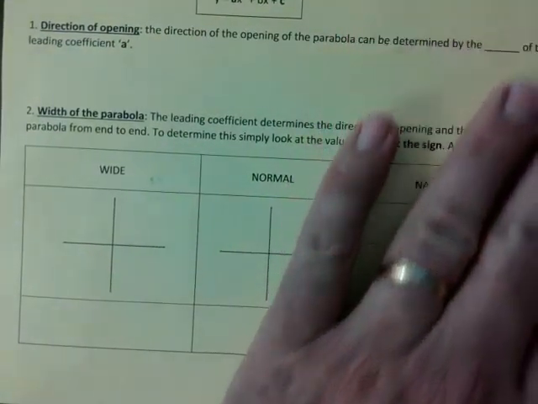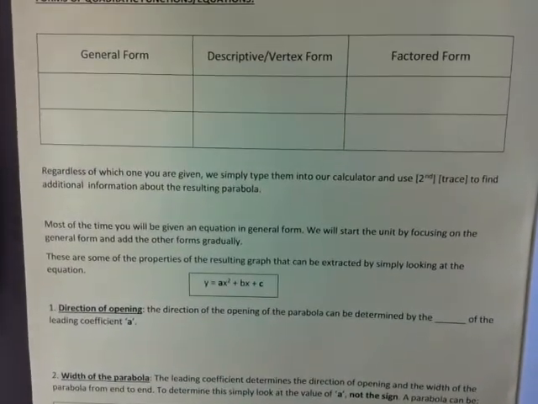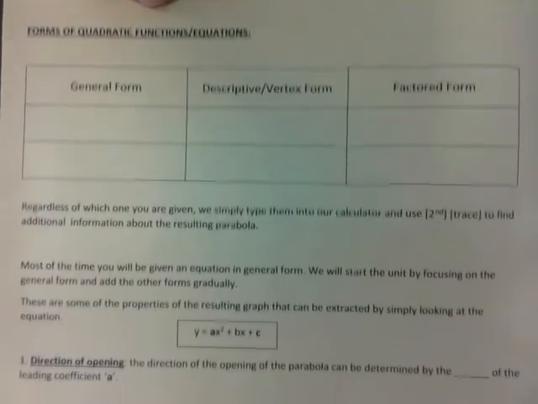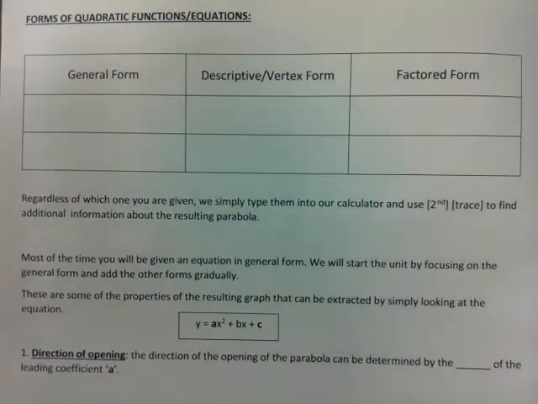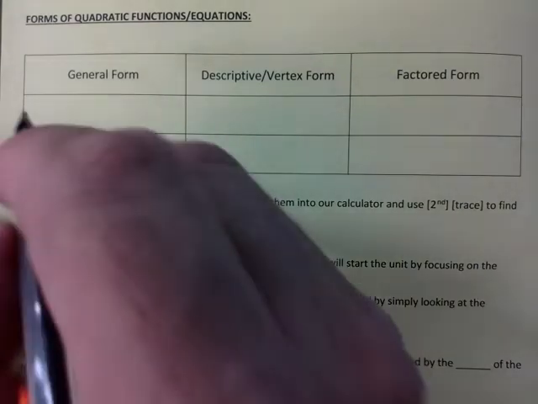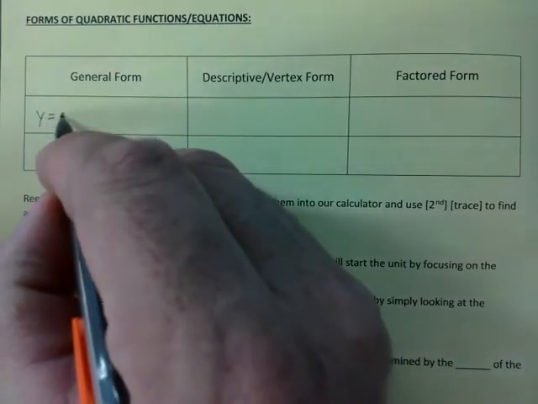Okay, so there are three forms of the quadratic. At the top of page 2, something went wrong there, making the first page yellow. I probably tried to insert a cover, and that didn't go so well. Three forms that you need to recognize. General form is the one I already showed you.